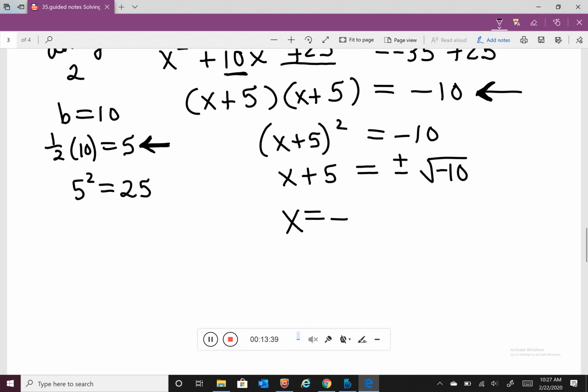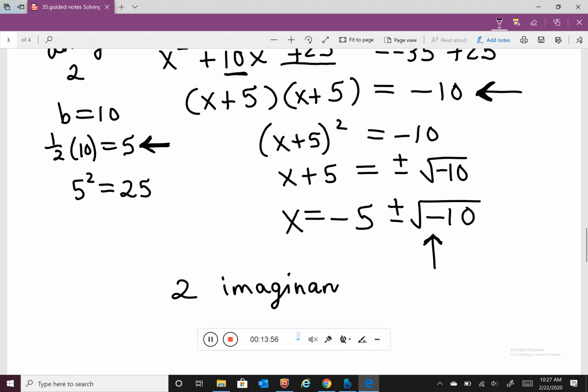Solving for x, x is equal to negative 5 plus or minus the square root of negative 10. And because we have a negative underneath our square root, our solutions are imaginary. So we have two imaginary solutions. They are not real. And we could tell that way back here.